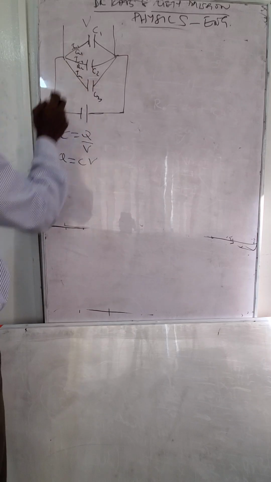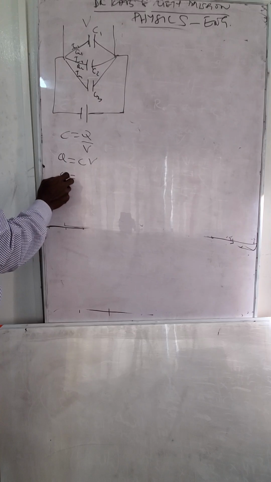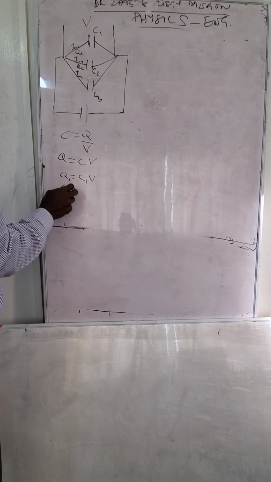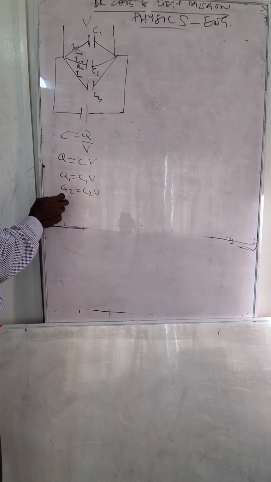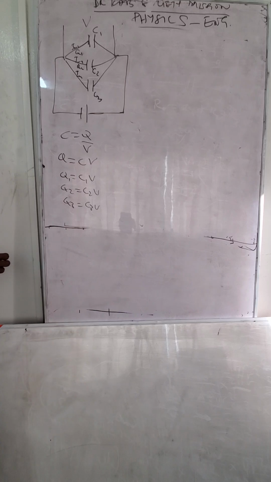Right, so for each of them, Q1 will be equal to C1 times the same voltage V. Q2 is equal to C2V. Q3 is equal to C3V.